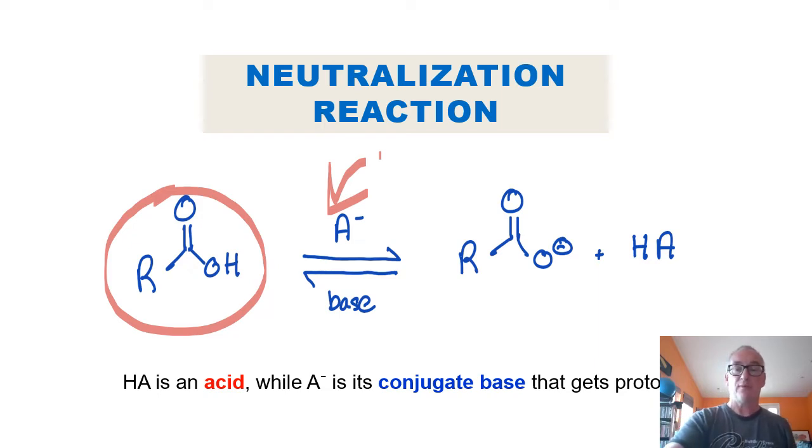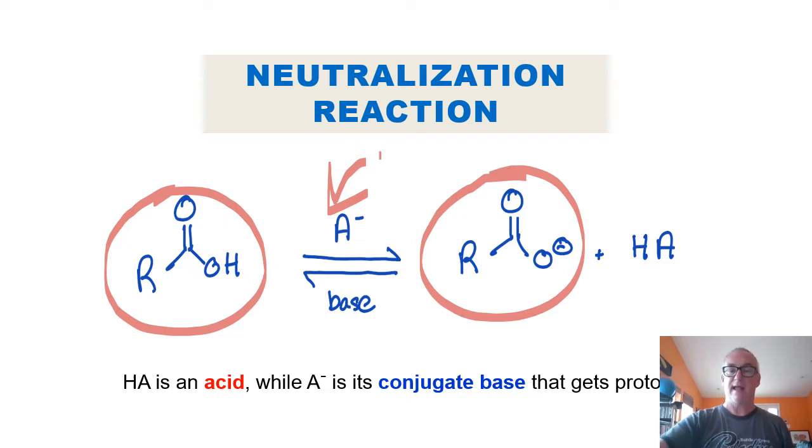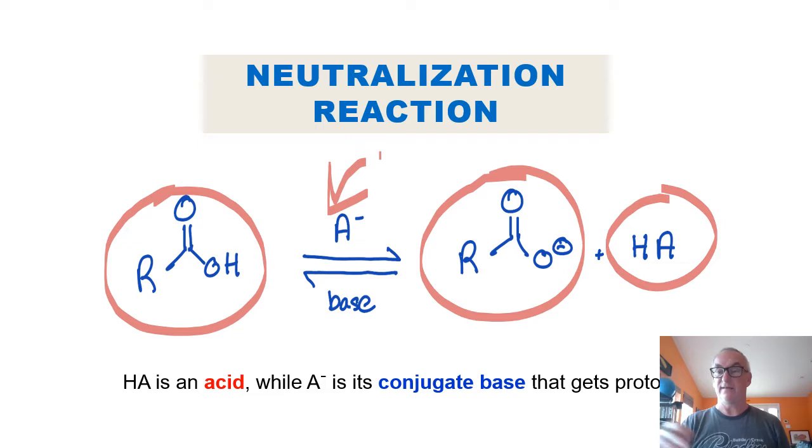And so we're left with the conjugate base of our carboxylic acid and a conjugate base which then gets protonated to an acid itself. So the hydrogen, the proton, changes place. It's basically a substitution reaction. It goes from the carboxylic acid to the conjugate base of another acid, and it just swaps.